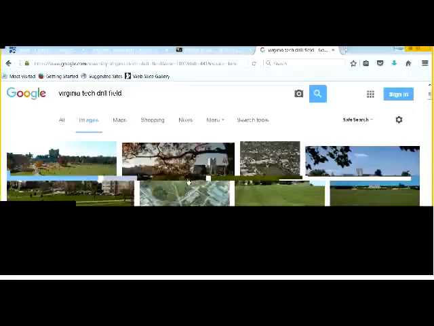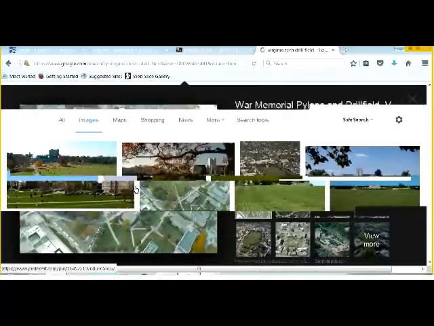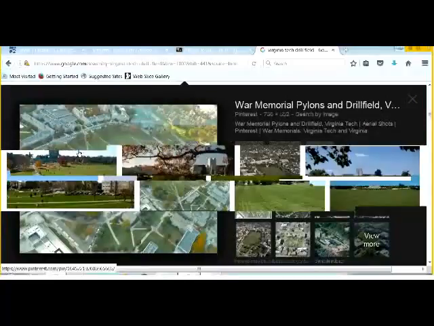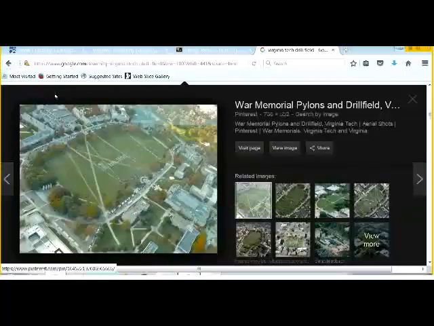So this is the drill field at Tech, and nowadays they paved it. This is the side where the gym is, the dorms are over there, and most of the classrooms are on this side. They used to have these paved paths, one going straight across here, one going across there, and one going across there.